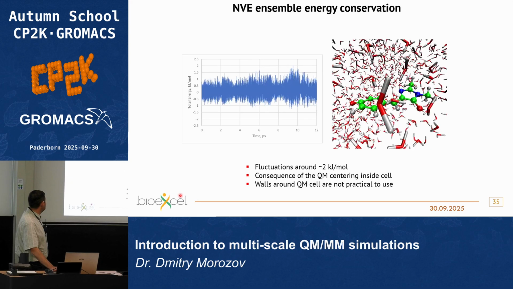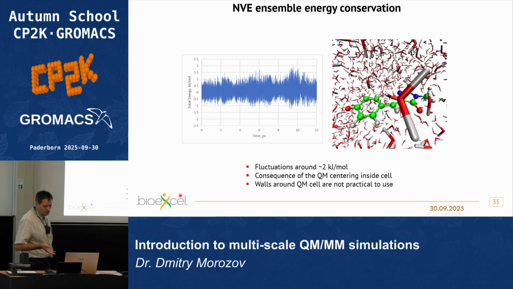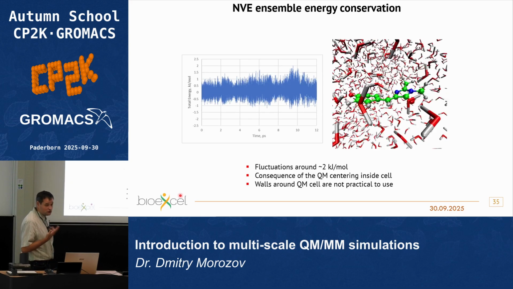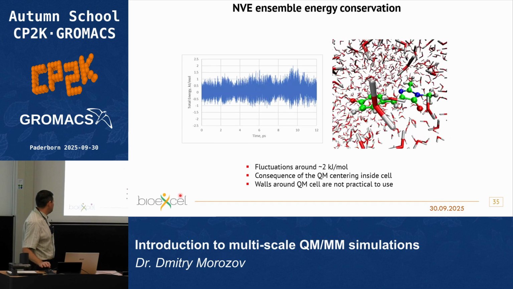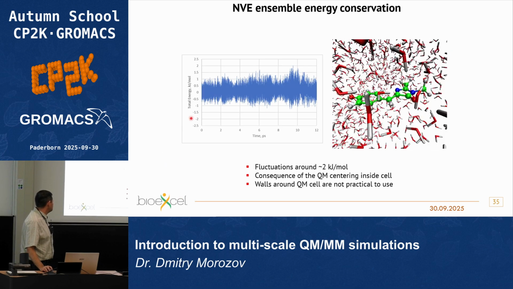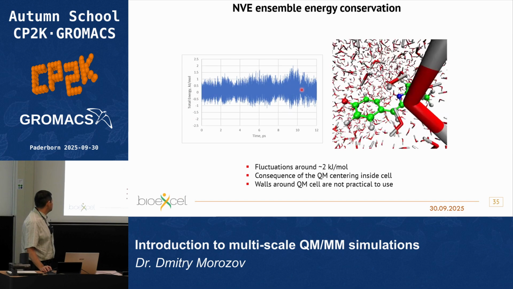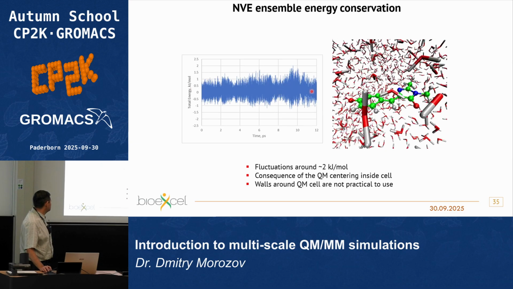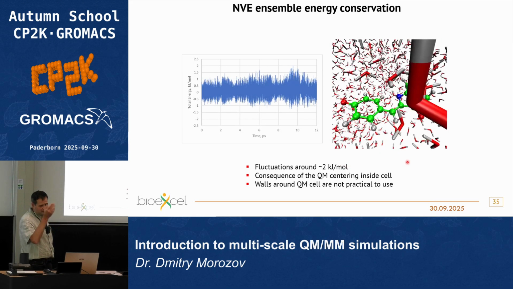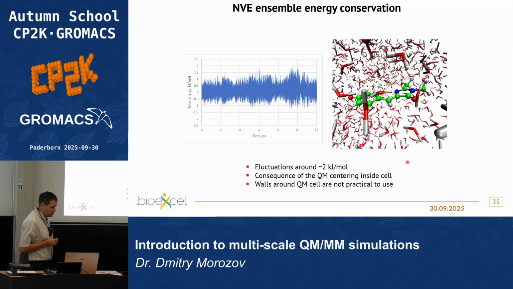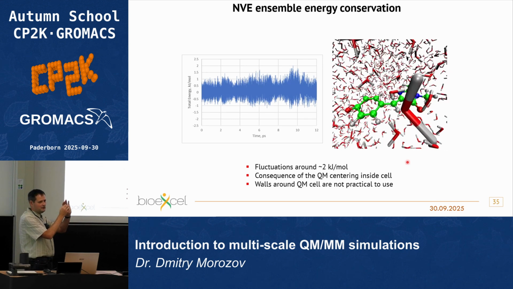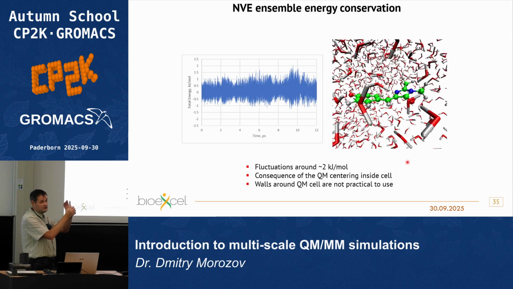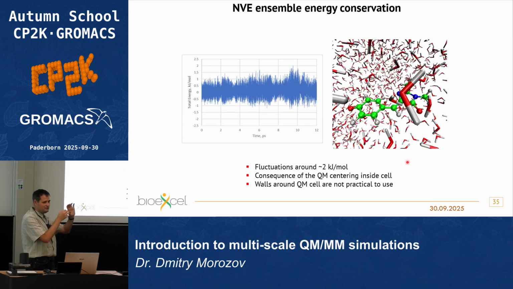And if you do an NVE simulation, we want to be sure that energy conservation holds over time, and across these 10 to 12 picoseconds it seems more or less stable, with fluctuations around 2 kilojoules per mole, which is usually connected to the effect Thomas tried to explain, this ripple effect, because your grids are sensitive to where your atoms are with respect to them.